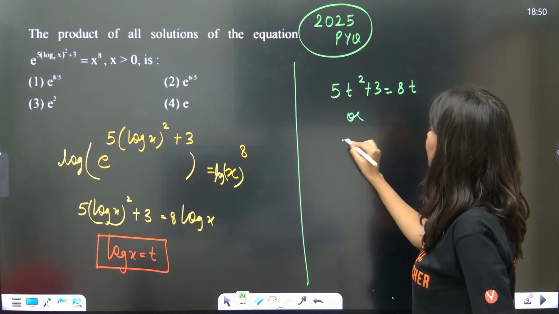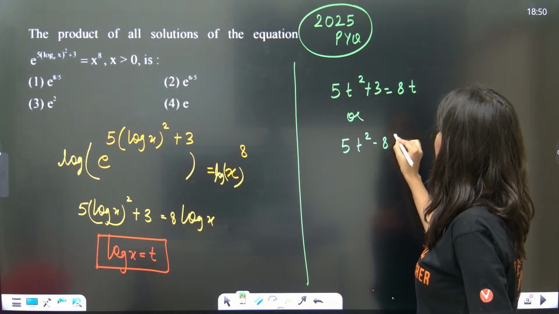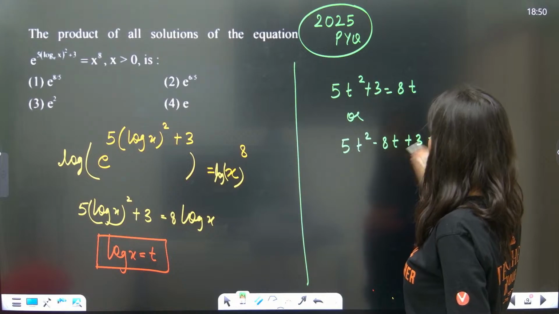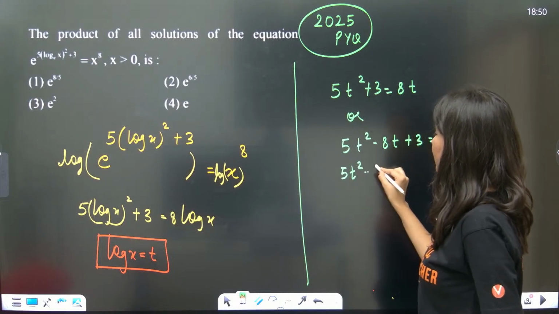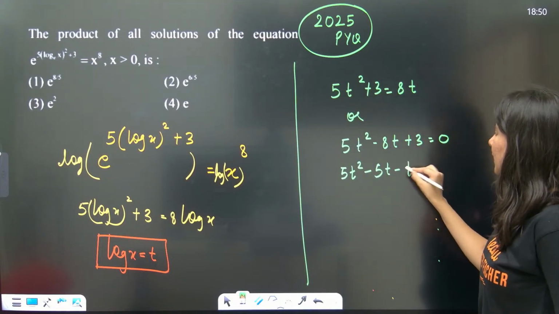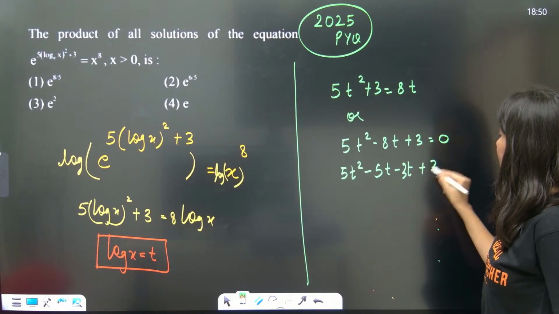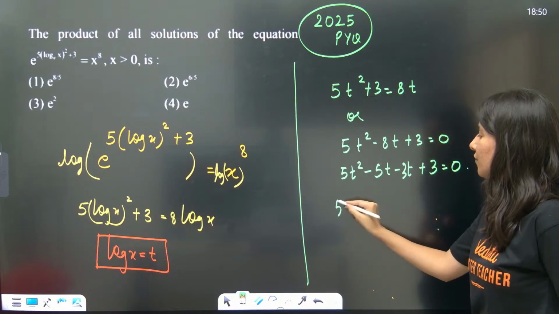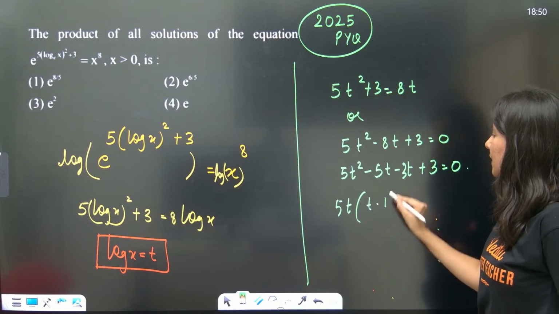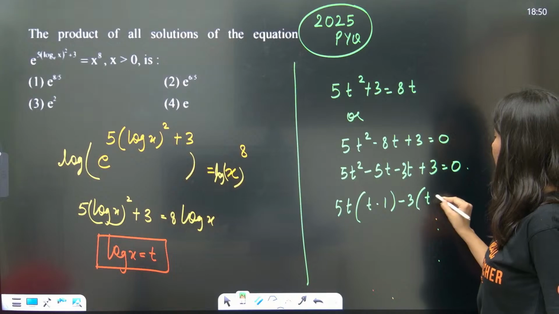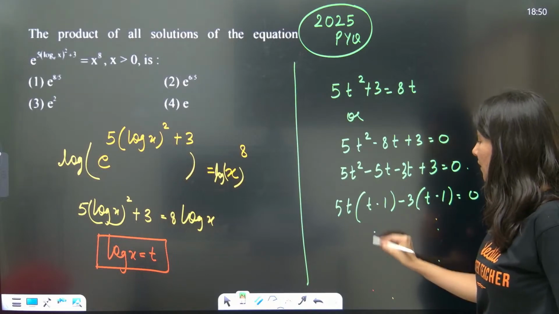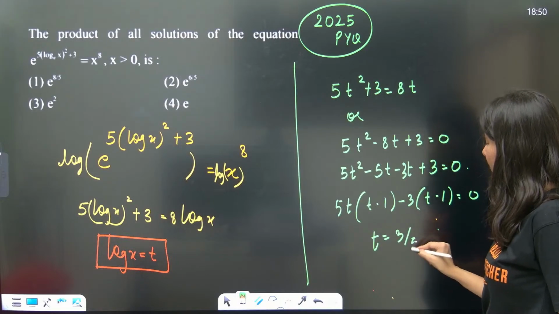Or you can say 5t square minus 8t plus 3 is equal to 0. Splitting the middle term, 5t square minus 5t minus 3t plus 3 is equal to 0. If you take 5t common, t minus 1, minus 3 common, t minus 1 is equal to 0. t will be 3 by 5, comma 1.